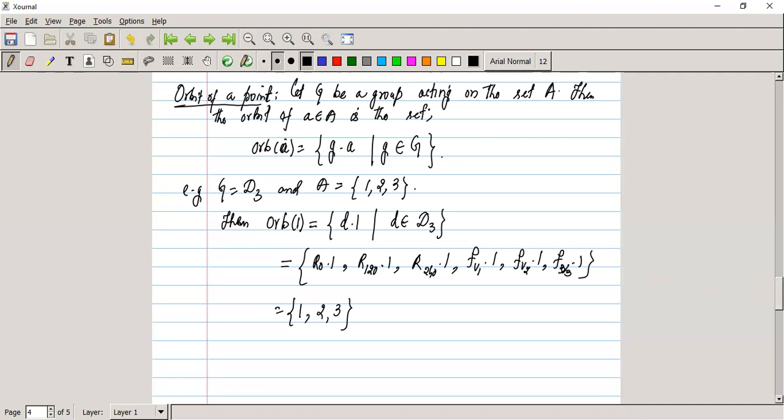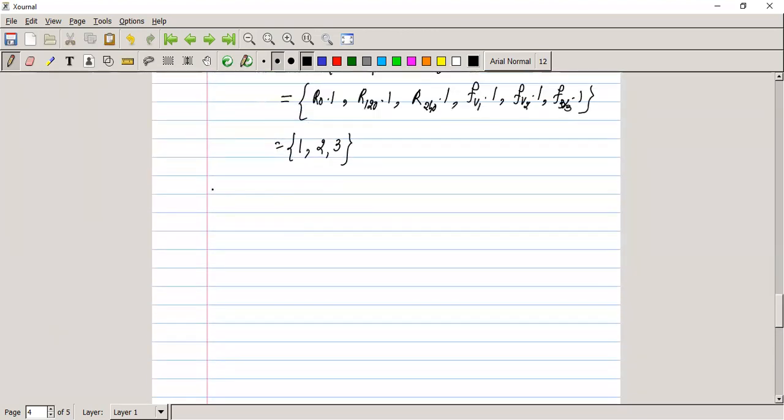So now as we have done the stabilizer and we already know what is orbit of a point, now we can proceed towards defining the orbit stabilizer theorem. So what is the orbit stabilizer theorem?